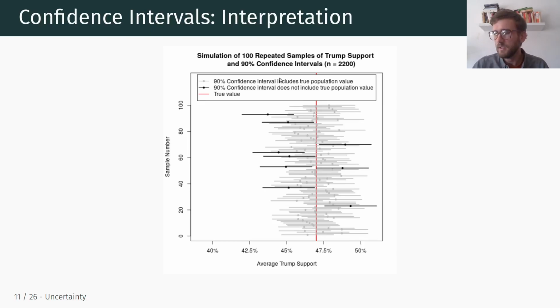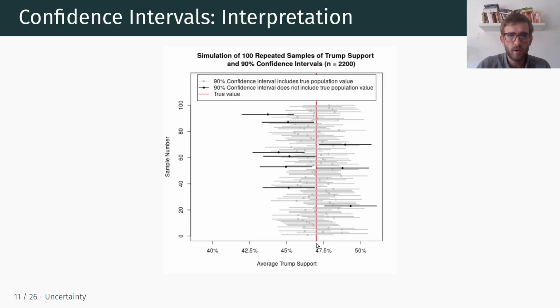So I wrote a quick simulation. The code is on RStudio Cloud as well, so feel free to check that out. What we have here is a simulation of 100 repeated samples of Trump support with n equal to 2,200, similar to the ABC Washington Post poll.